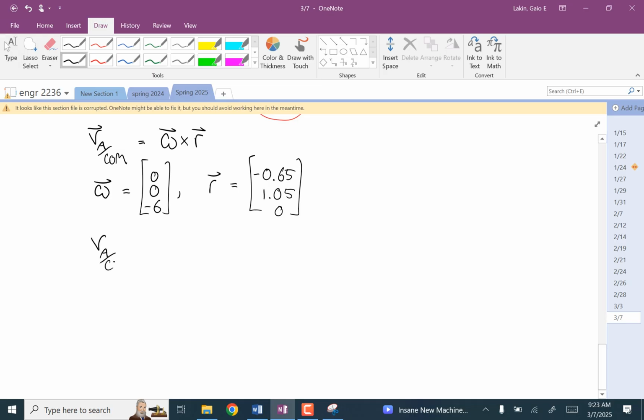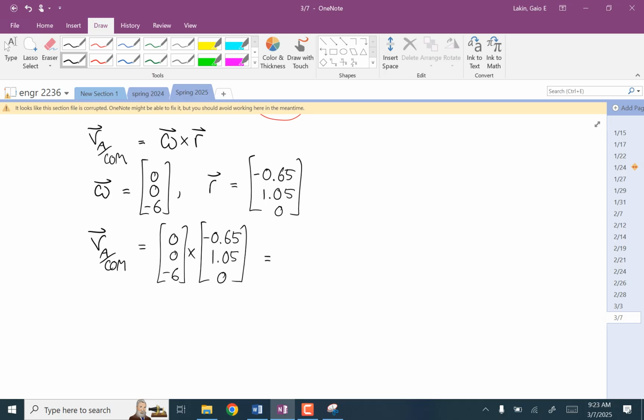So the velocity of A relative to the center of mass is equal to 0, 0, negative 6, crossed with negative 0.65, 1.05, 0. So for x, we get 6.3. For y, we get positive 3.9. 0 for z.